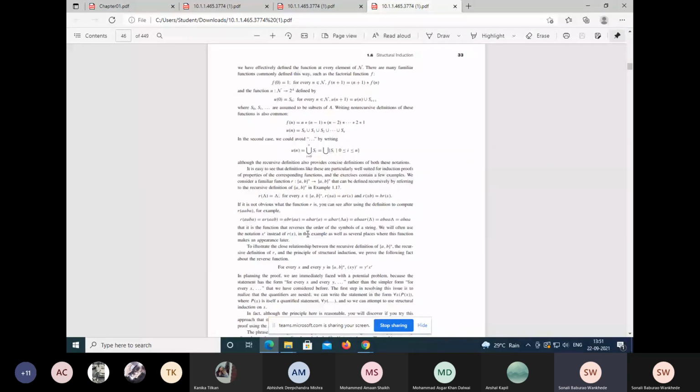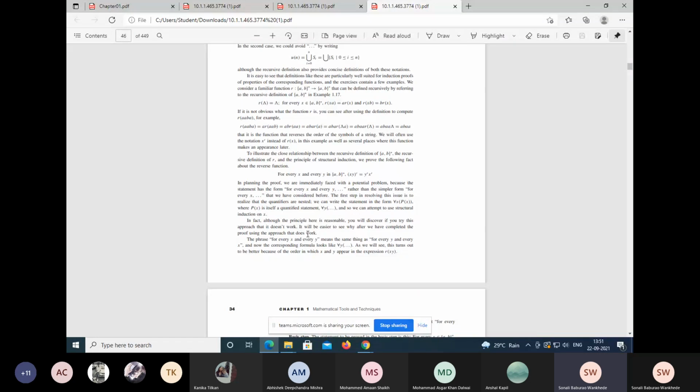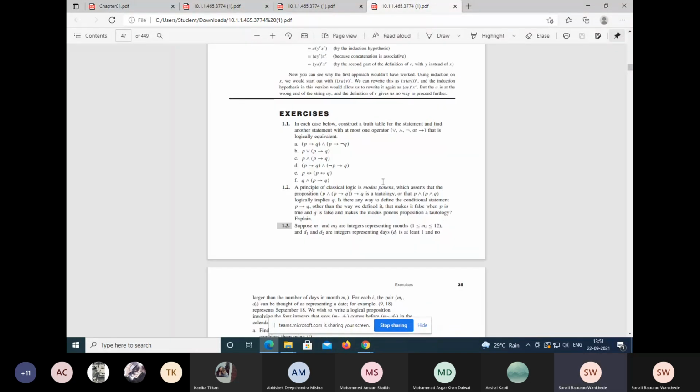So that's what our basics of mathematical concepts say. Try to do this, and in the next lecture we can move forward to our actual part, formal languages. I'll create a link and share it on Teams so that you can refer to that and upload it there.